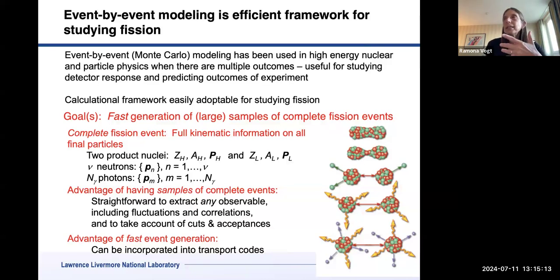And then you can see how long it's going to take you to get enough events to have good statistics in your experiment, or decide, no, I really don't want my detector there, I want to put it over there instead. And an advantage of an event generator that's really fast is that you can incorporate it into transport codes and look at a bigger picture than just fission.